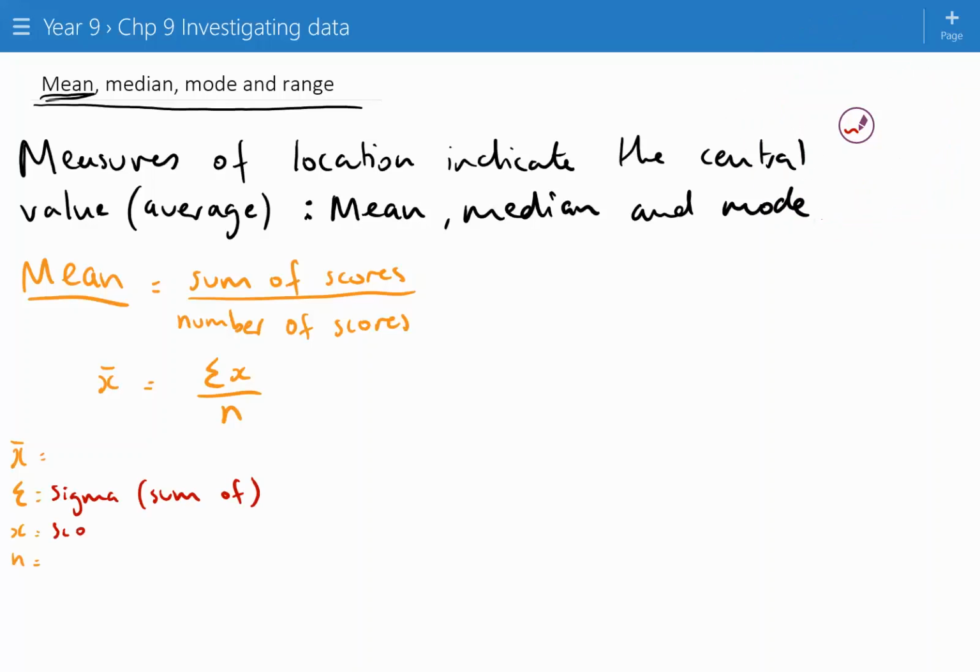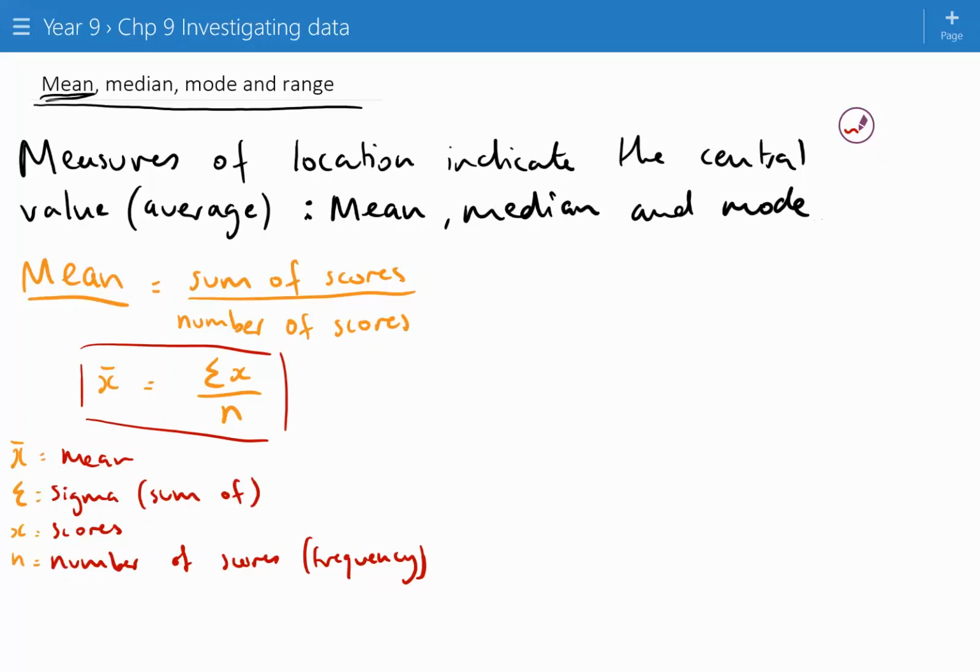X is the scores. N is the number of scores, or you could say it's the frequency. X bar is the mean. So this here is just using symbols to represent this. But for the mean, all we have to do is add the scores up and divide by how many scores there are.